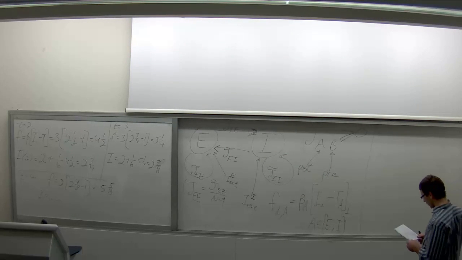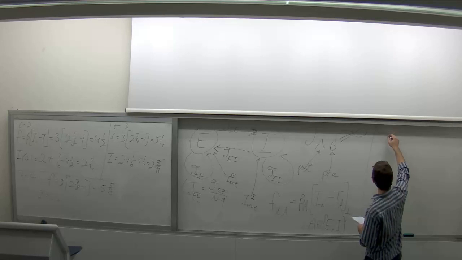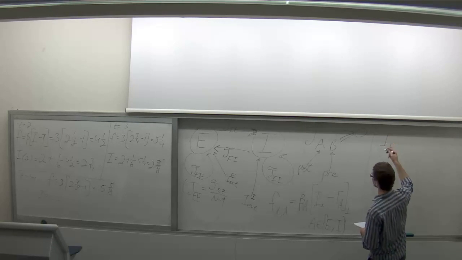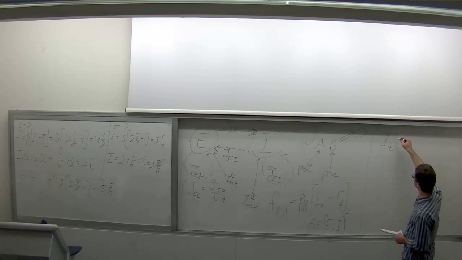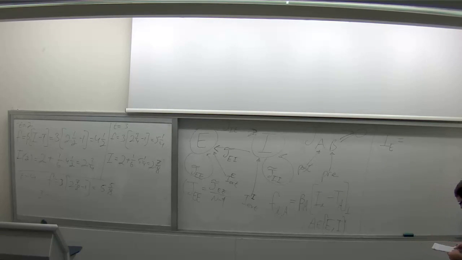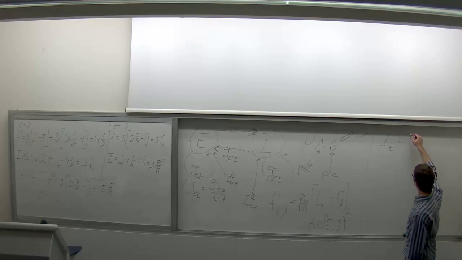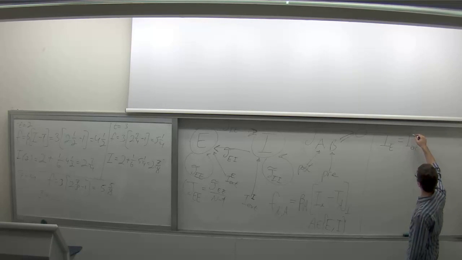So the input is going to be the following. The input to an E neuron, I write E because it doesn't matter which neuron I'm looking at. All neurons see the input the same way. So what is the input to an excitatory neuron? It's the I external of the excitatory.